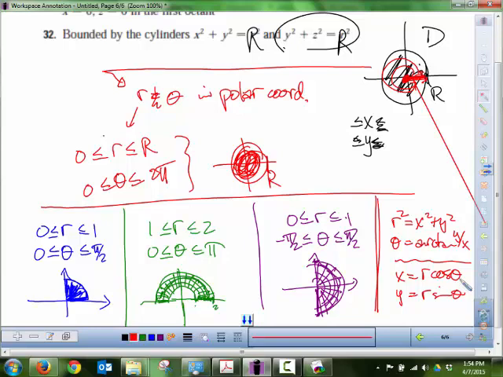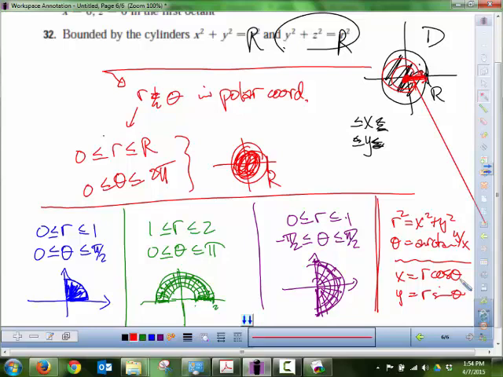When else did we switch variables? Trig substitution. When we did u sub or trig sub, we switched, right? We switched from x to u, or we switched from x to theta. What did we have to do when we switched from x to u, or when we switched from x to theta? Change limits.